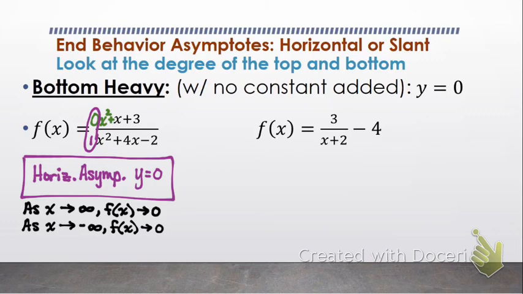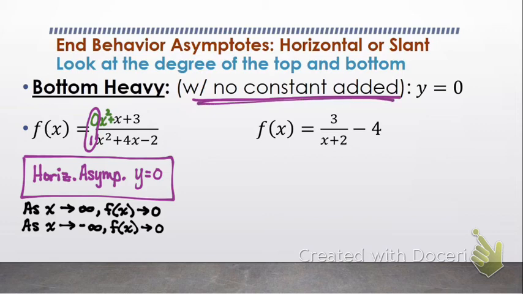So thinking about that end behavior there, as x approaches infinity on the right, my function f of x is going to approach 0. As x approaches negative infinity, so the left side, my function f of x is also going to approach 0. This other example breaks this rule right here.